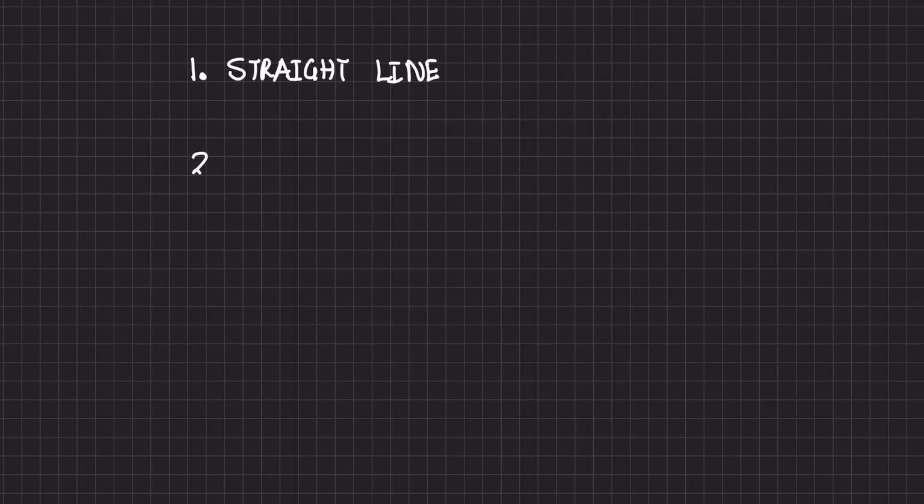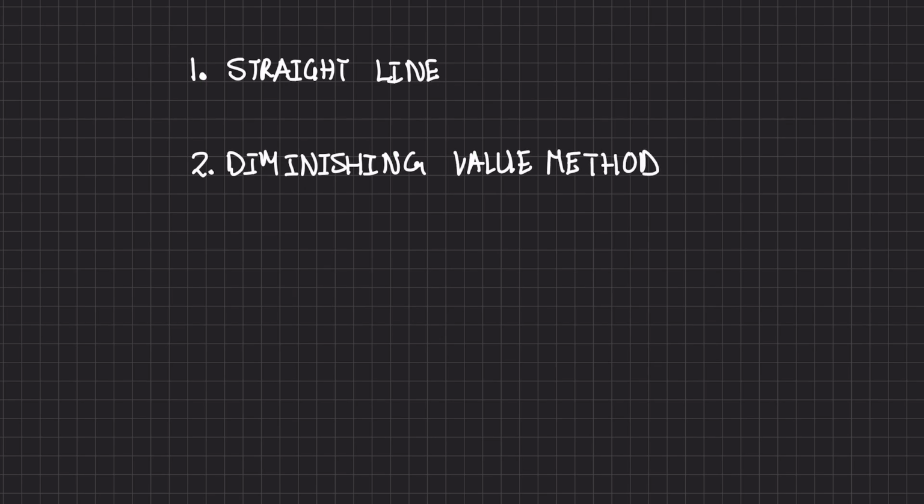The second one is known as the diminishing value method. And the third one, which is maybe the least common, is the units of production method.